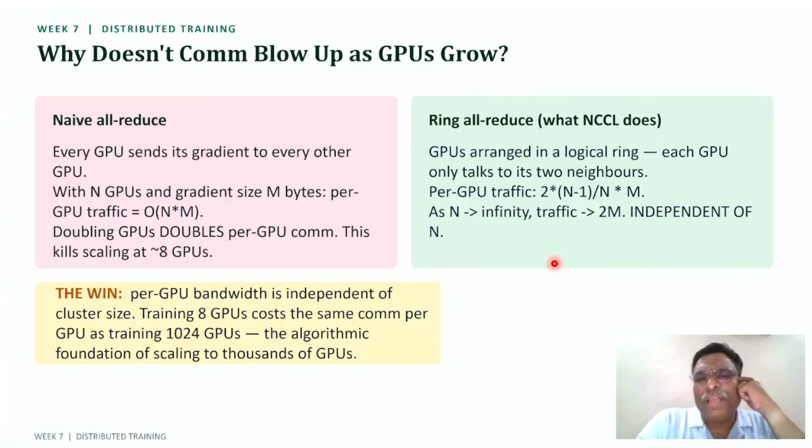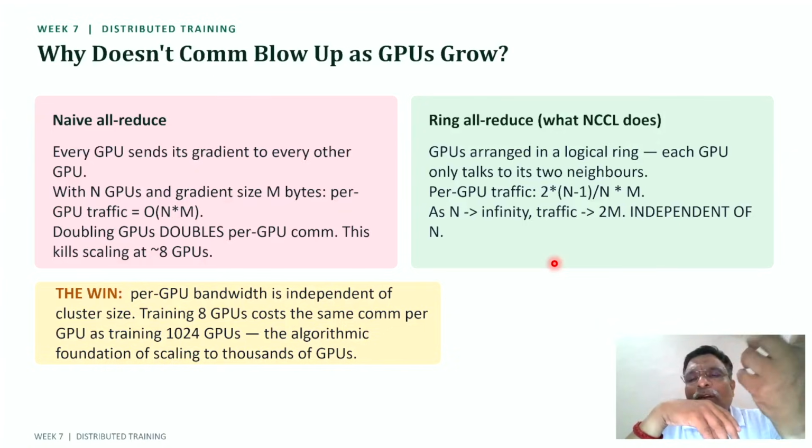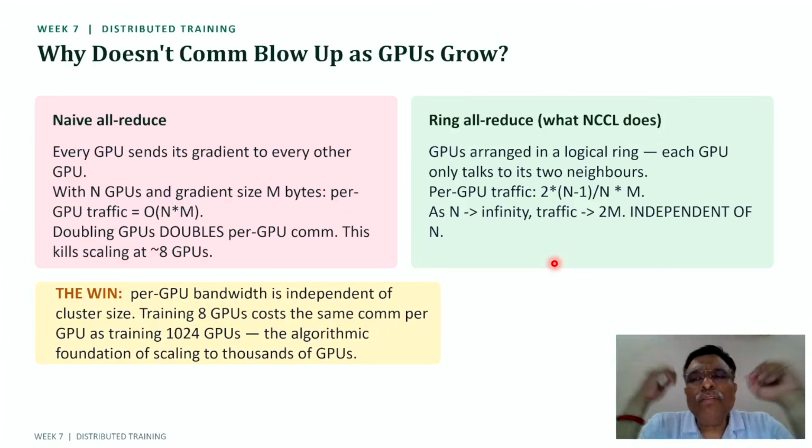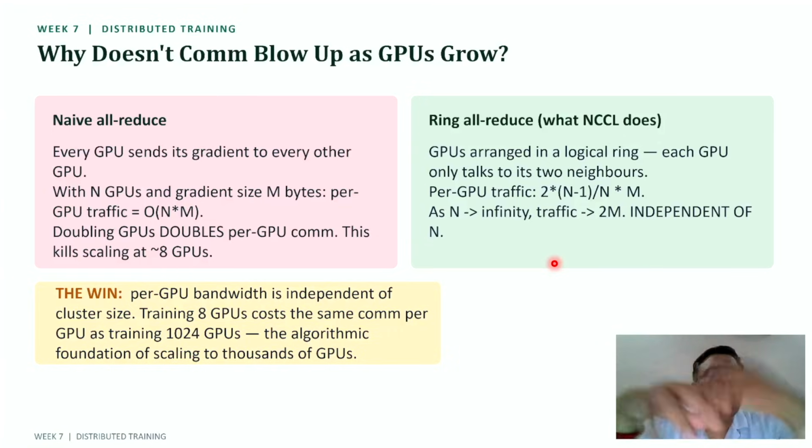Even if you scale the number of GPUs to whatever number you like, the traffic is just double the gradient size, whatever the gradient value is, because you're communicating with only your two neighbors. So this is a very good approach to save the bandwidth required for the processing.